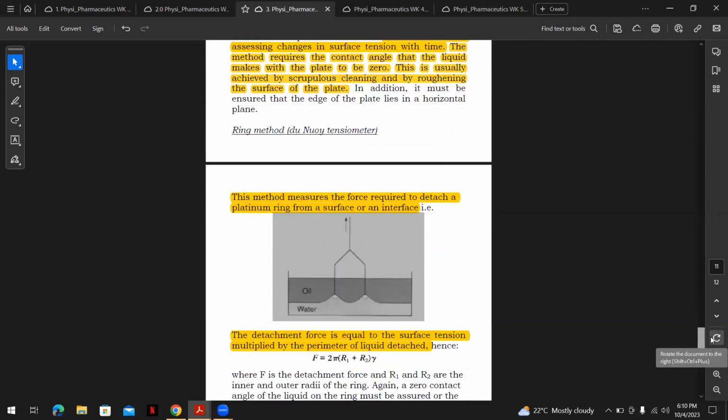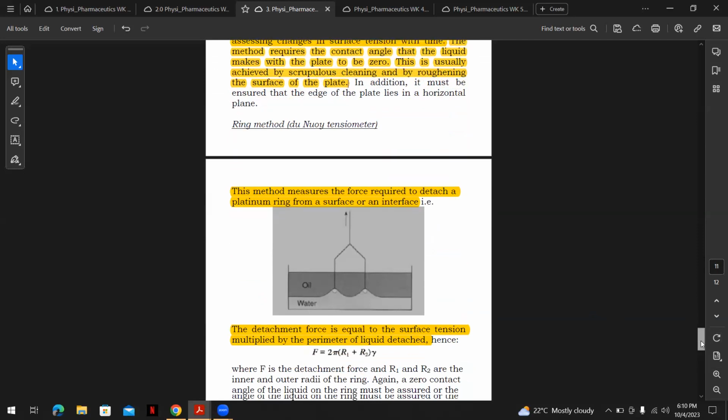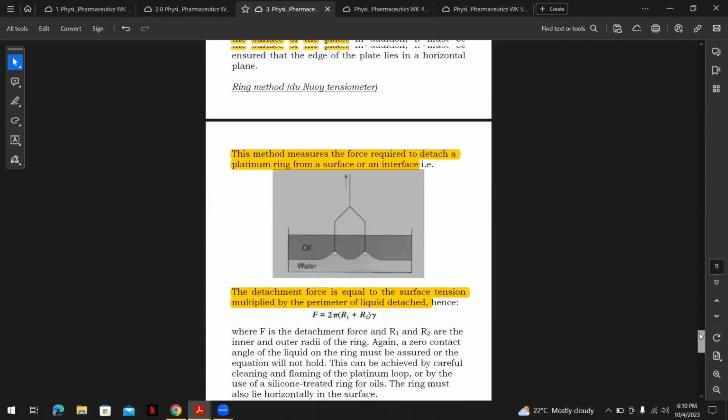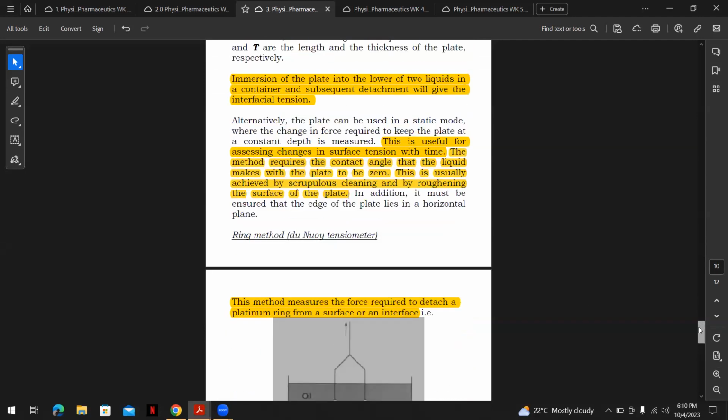Then the ring method is very, very similar to the Wilhelmy plate method, where we just measure the detachment of the ring in between the immiscible liquids, and that's where you get the interfacial tension.